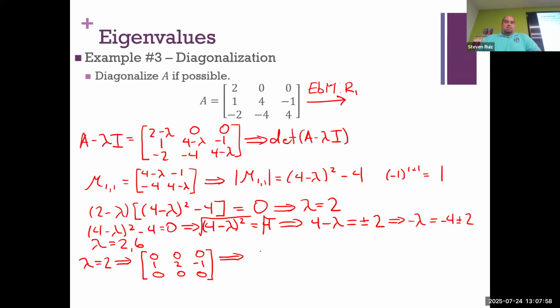What do x1, x2, and x3 equal? Actually, let's go slower. x1 equals -2x2 plus x3. So how many parameters does this imply? 2. Is that a good sign for us so far? So we expect a basis with 2 vectors in it. So let's write this out. x1, x2, x3.